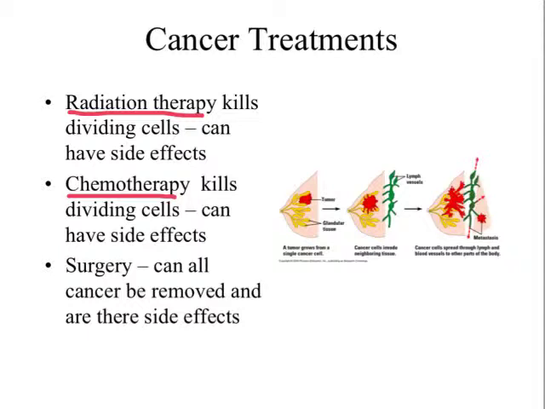Chemotherapy is usually a drug that's either ingested or injected into the veins that kills dividing cells. Again, chemotherapy drugs are not site-specific, so they'll go all over your body killing cells that are dividing. So again, there are lots and lots of side effects.